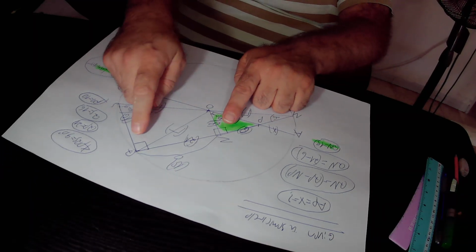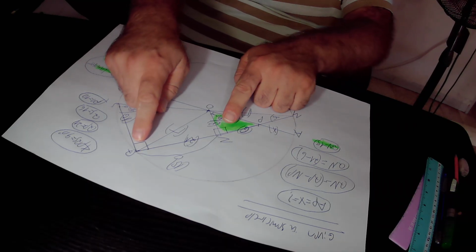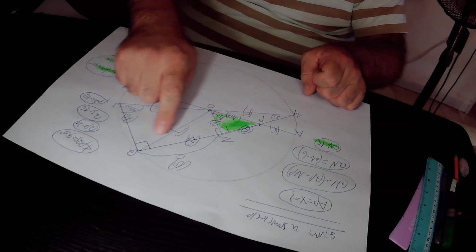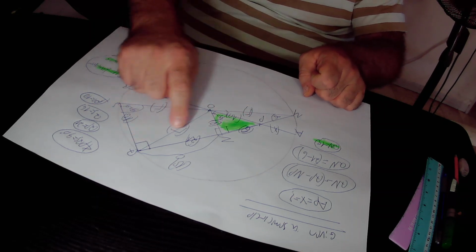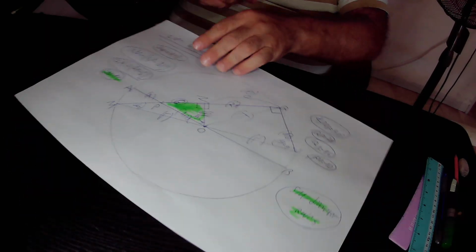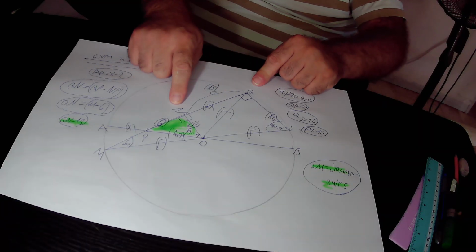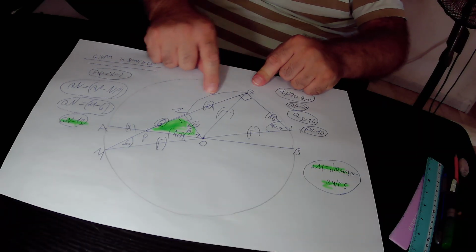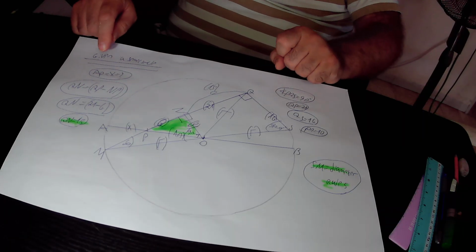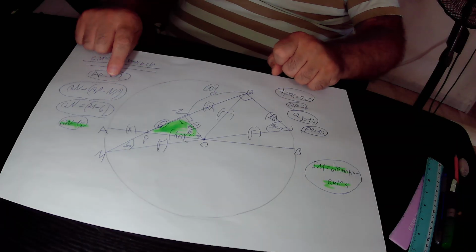What is the length of the missing line segment QN? From the drawing it is very easy to see that QN equals PQ minus PN. So QN equals QP minus NP.